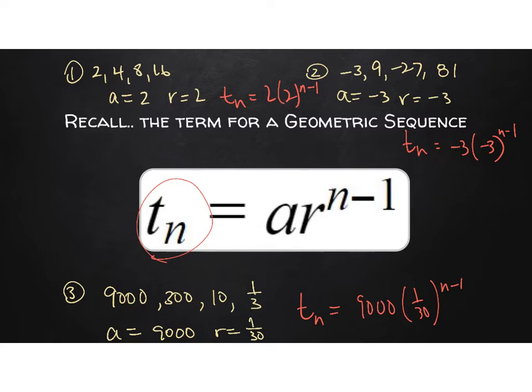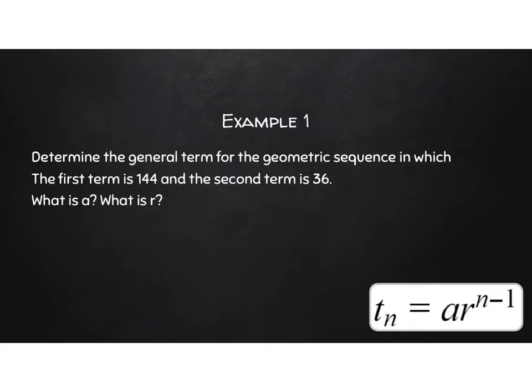So let's continue. Determine the general term for the geometric sequence in which the first term is 144 and the second term is 36. So 144 became 36 because I divided it by 4. Or remember, division by 4 is the same as multiplying by 1/4. So we multiplied this by 1/4.